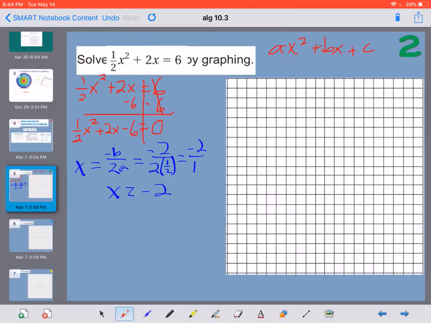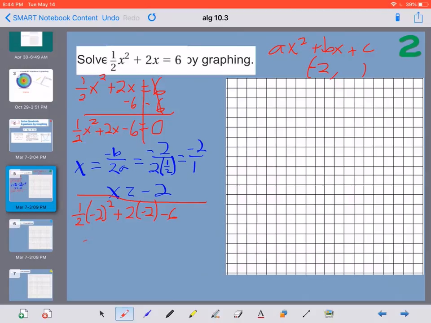Now I need to find the other coordinate of my vertex. I know that my vertex is going to start with negative 2. So we plug negative 2 into our equation. We get 1/2 times negative 2 squared plus 2 times negative 2 minus 6. Negative 2 squared is 4.